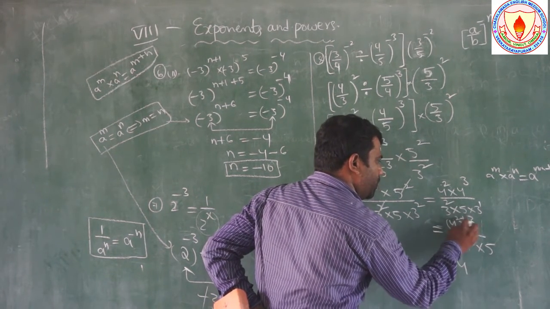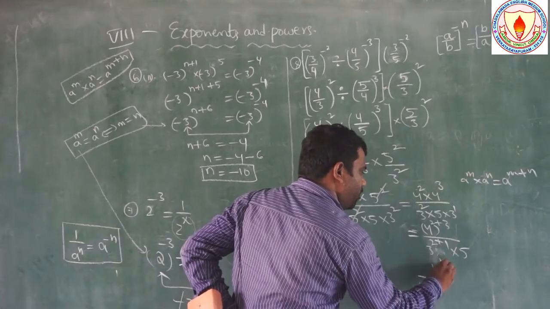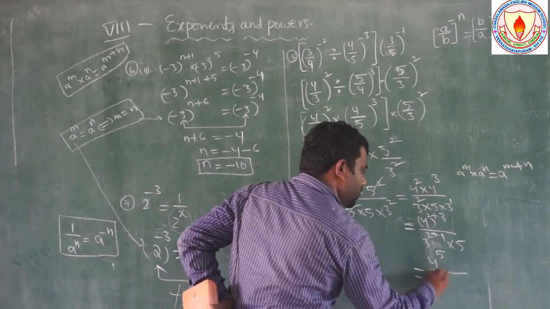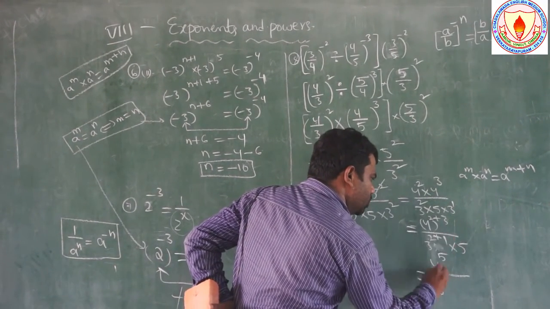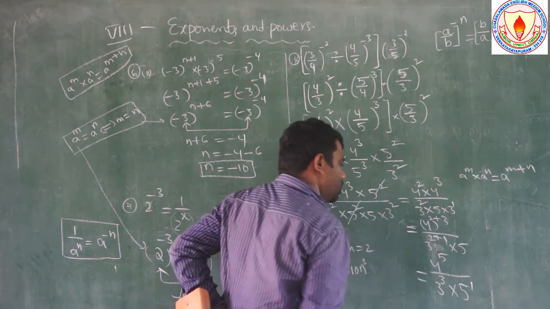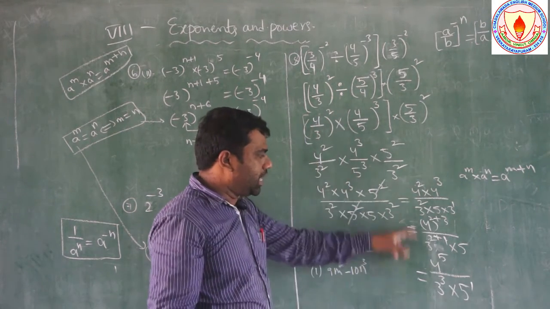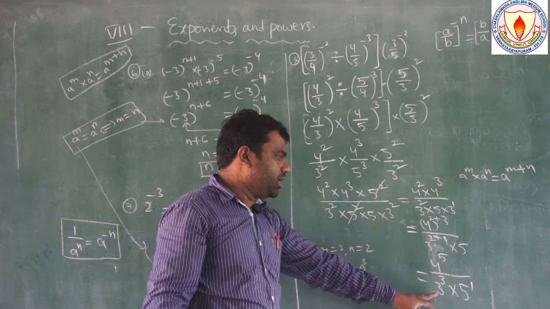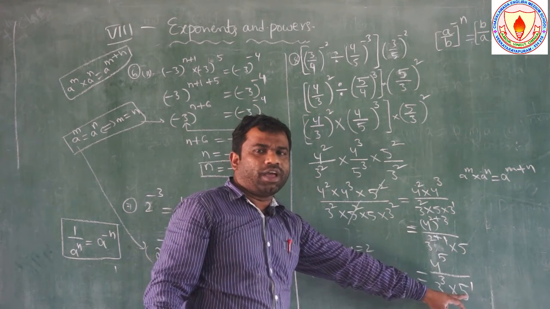So 4 power 2 plus 3 means 5 only, by 3 power 2 plus 1, 3 only. So 5 power 1. So this answer is 4 power 5 by 3 power 3 into 5 power 1.